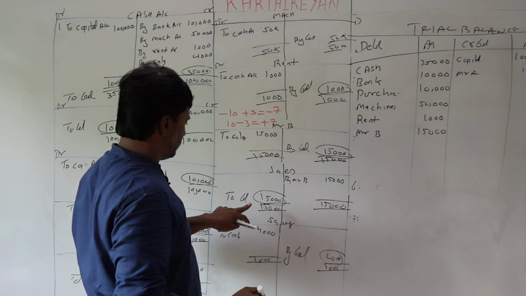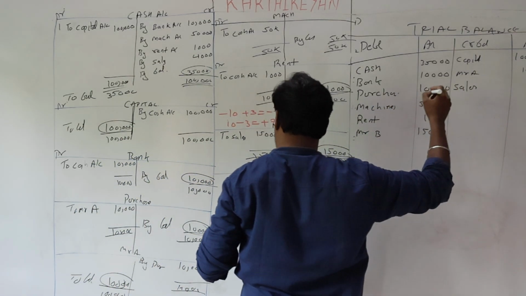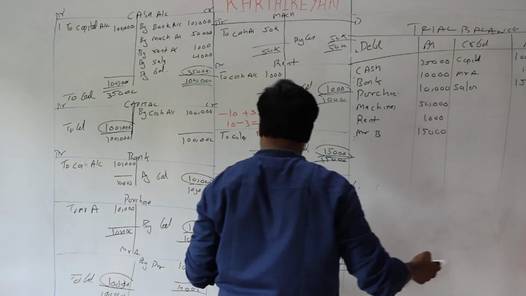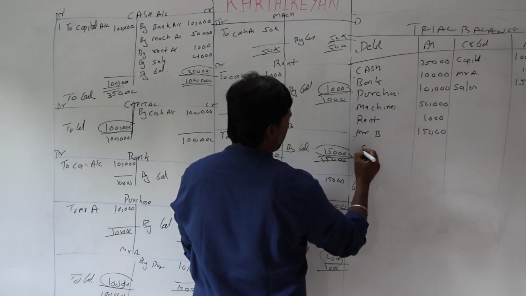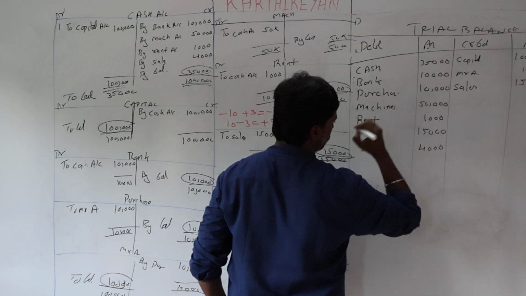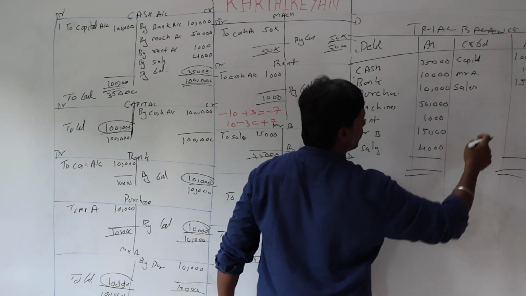Sales, debit side, it will go to the credit side. Sales, 15,000. Salary, credit side, here on the debit side. Salary 4,000. Now let us see what is the total.